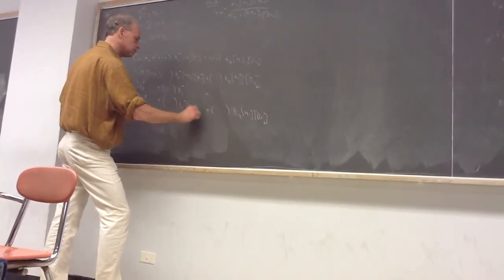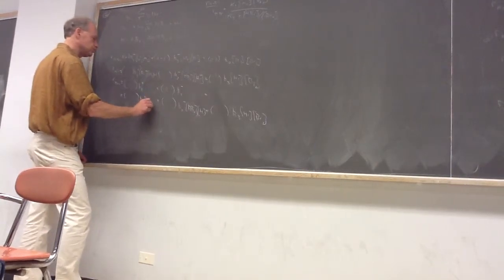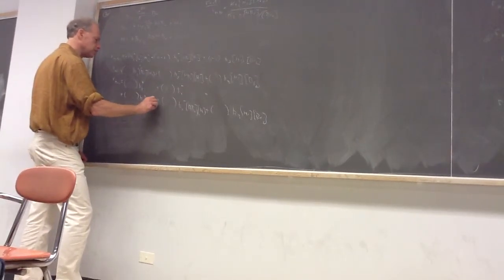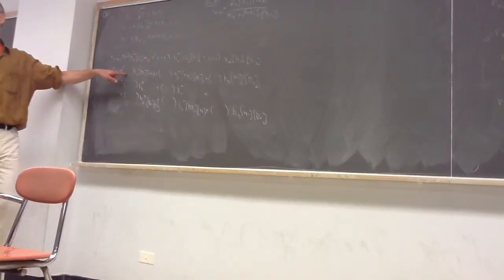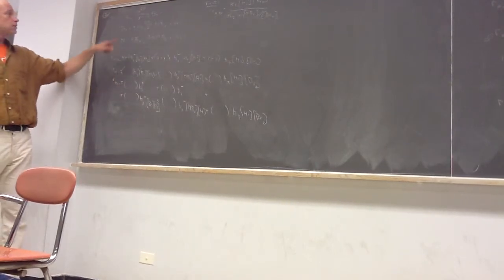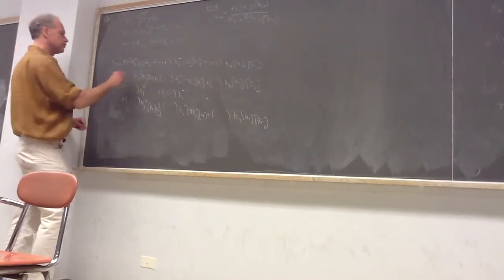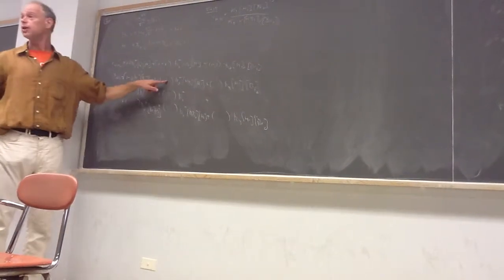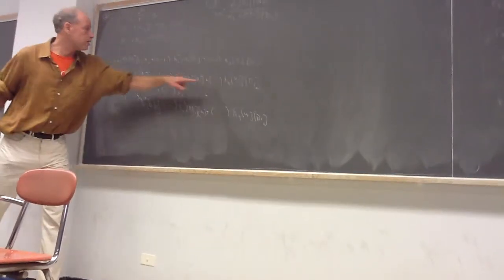So if I subtract these two, this cancels and this adds. So the first thing I know is R of HBr is equal to twice K3 H dot Br2. So that's nice. I only have to plug in one place instead of three.